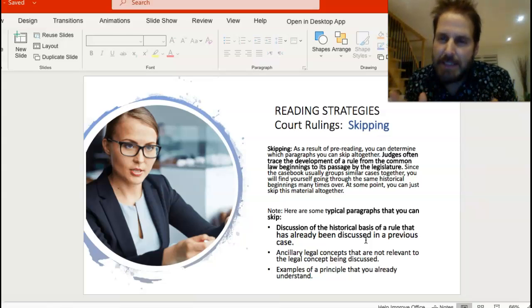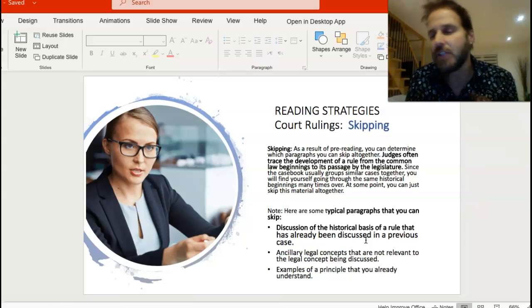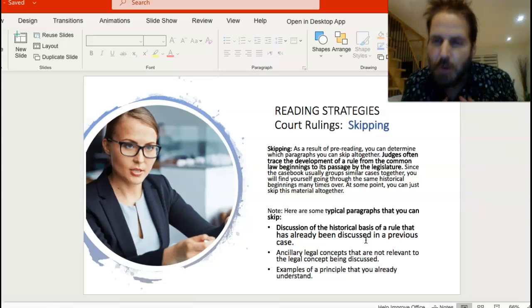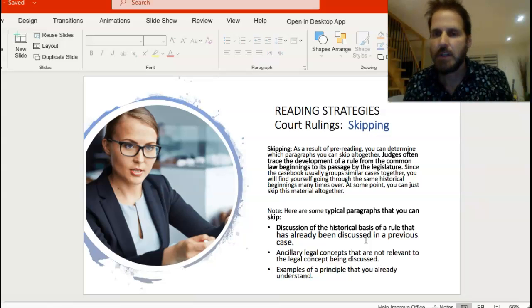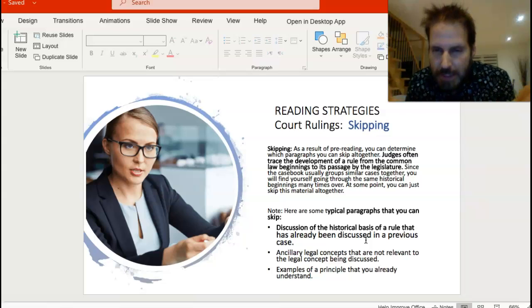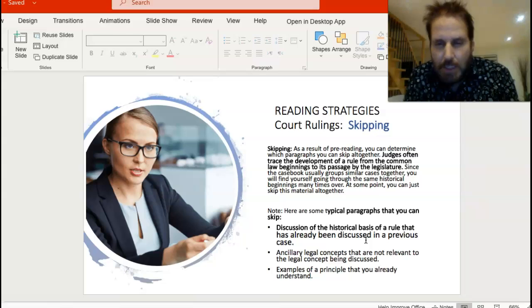And basically, here it says, judges often trace the development of a rule from the common law beginnings to its passage by the legislature. Look at the note. There are three sections, apparently, you often don't have to include. The first one is discussion of the historical basis of a rule that has already been discussed in the previous case, and ancillary legal concepts that are not relevant to the legal concept being discussed.